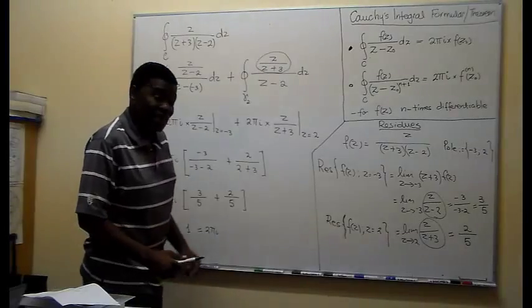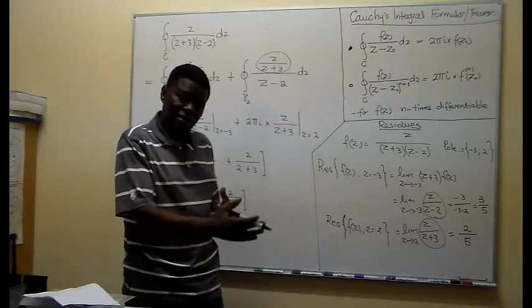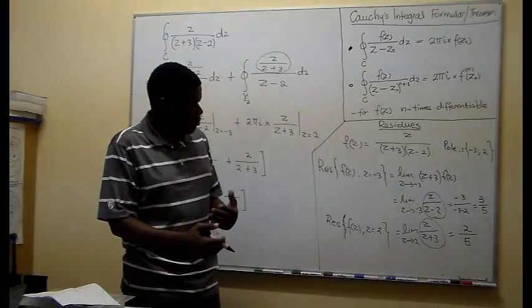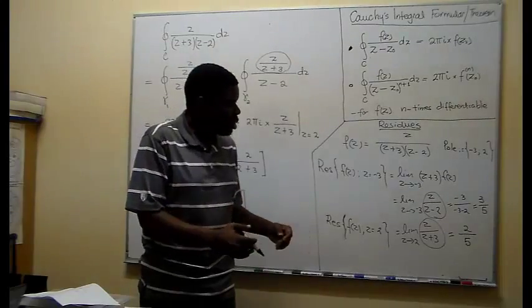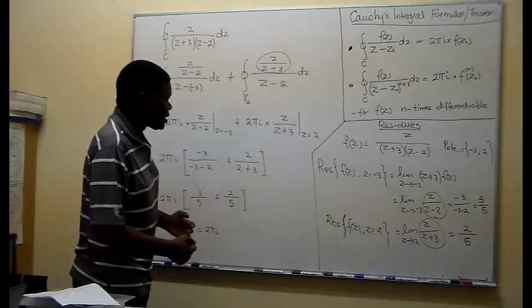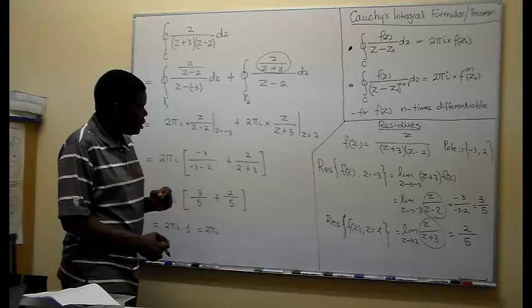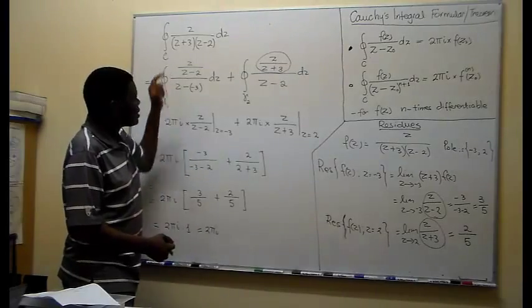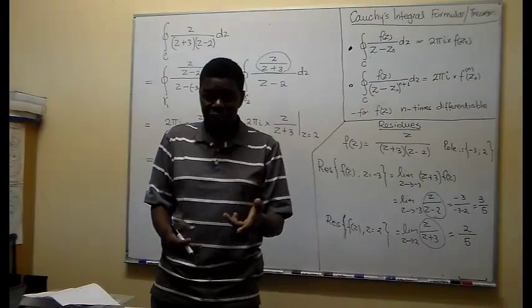And this, guys, is actually a fact, it's a theorem. I just made you experience what happens in the theorem before actually announcing it. The theorem states that an integral of a complex function with poles which are enclosed in a simple closed curve is going to be the sum of the residues.